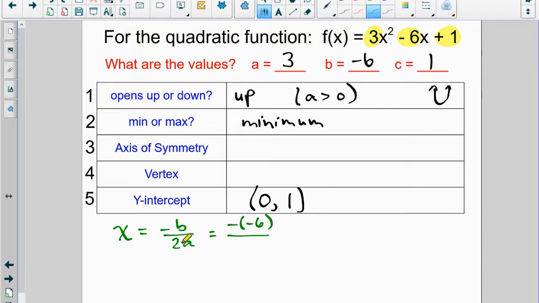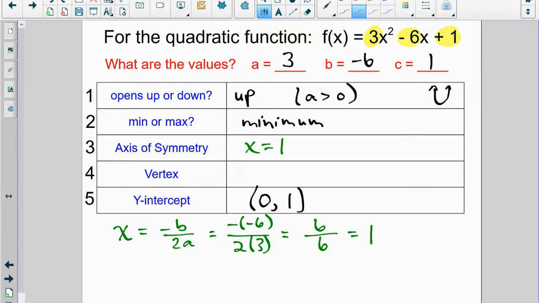In the denominator, I'm supposed to do 2 times the value of a, and in my equation, the value of a was 3. So let's simplify what we can. In the numerator, that double negative is going to become a positive because the opposite of -6 is +6. In the denominator, 2 times 3 is also 6. And since we can divide that out, we go ahead and divide it out. 6 divided by 6 is 1. So my axis of symmetry is at x equals 1.